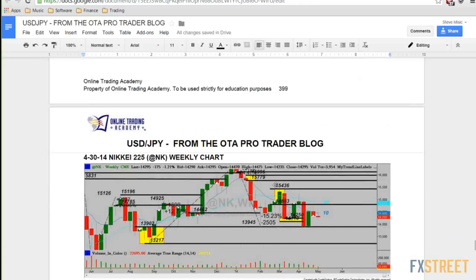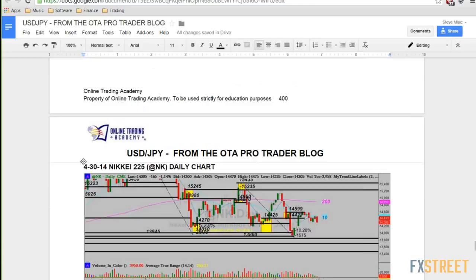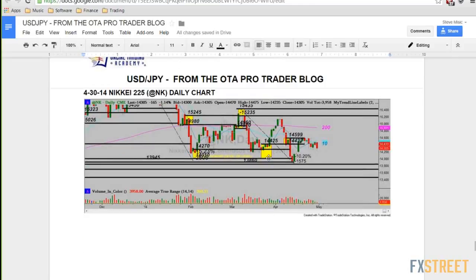So as we get to the end of April, the last chart here, the daily chart, we're just pretty much stuck between that 15,235 supply level and the 13,945 demand. So we'll pick it up here next month for one last time.